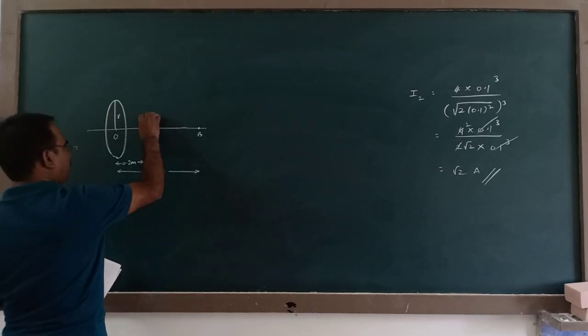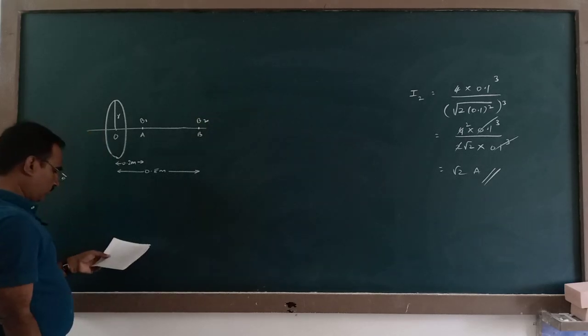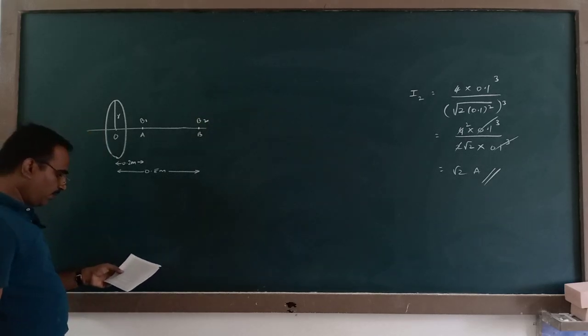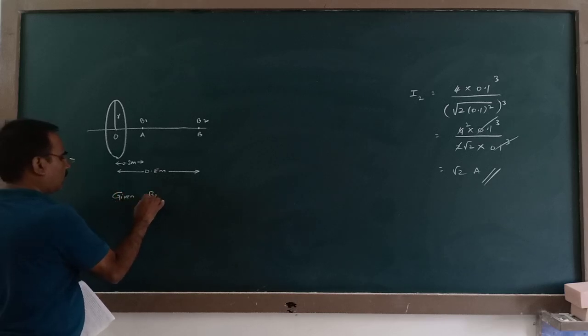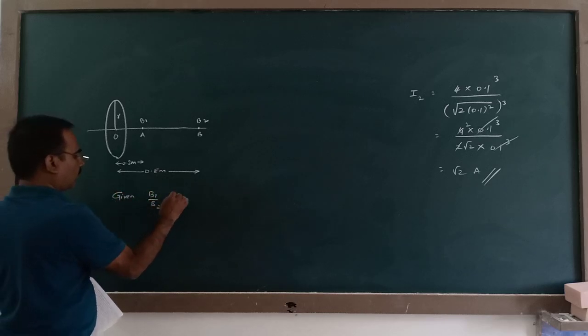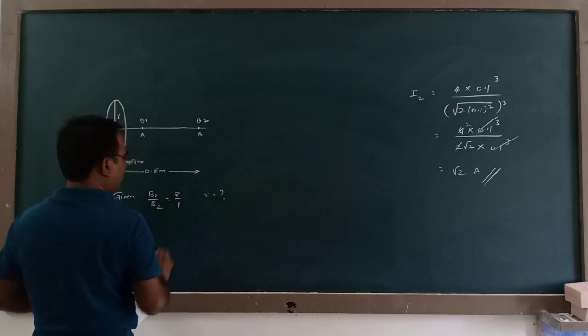At this point the field is B1, at this point the field is B2. Given B1 by B2 is 8:1. So you are asked to calculate this radius.